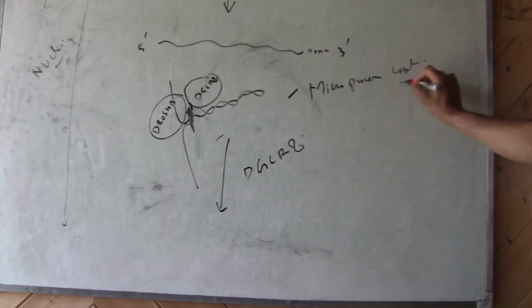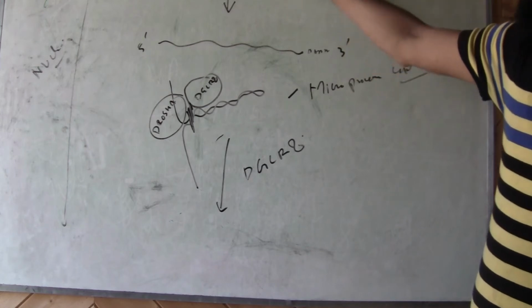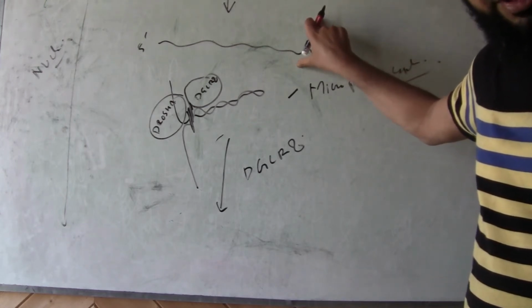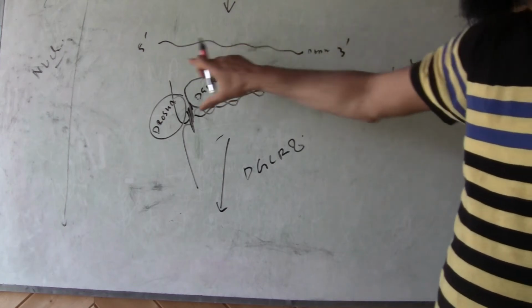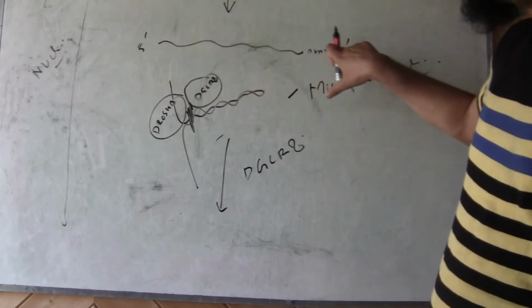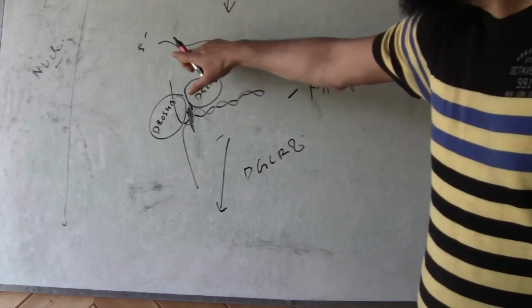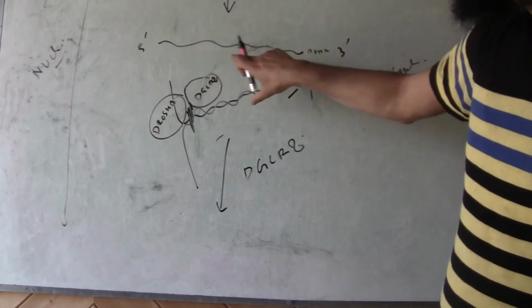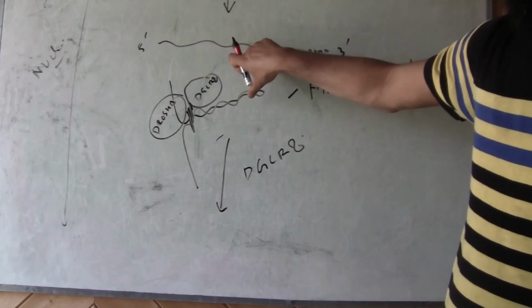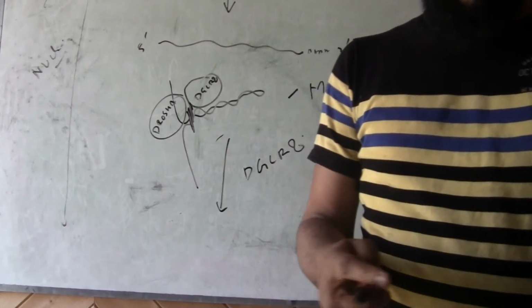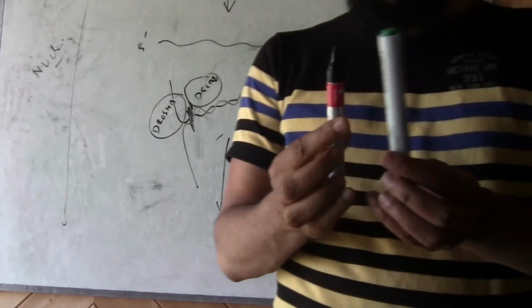So repeat. You have this RNA polymerase 2. It transcribes these miRNAs. Okay. It has a 5' cap and a 3' tail and introns that are removed by splicing. Then this miRNA loop is self complementary. Means if, for example, you have two strands of DNA, they are complementary to each other.